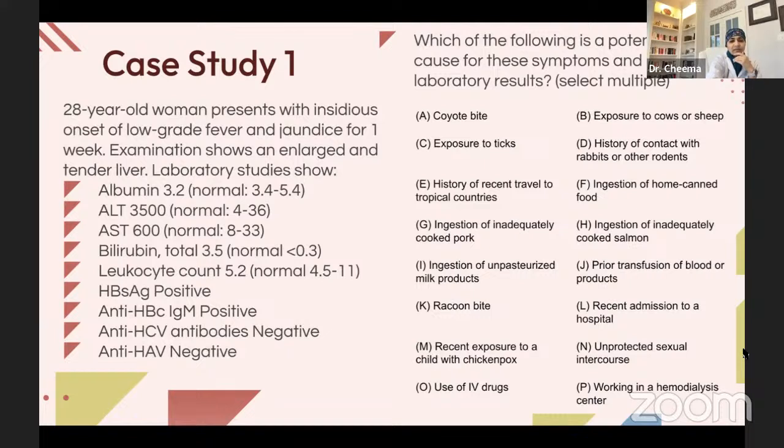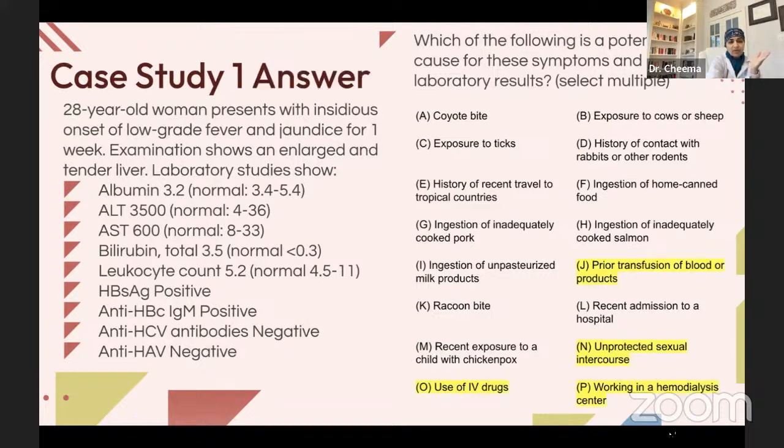Answers are prior transfusion of blood and blood products. It can be unprotected sexual intercourse. It can be use of IV drugs and working in a hemodialysis center. So these are the risk factors for hepatitis. And this virus can be found in all body fluids, including blood, semen, saliva, sweat, tears, breast milk, and pathological effusions as well.